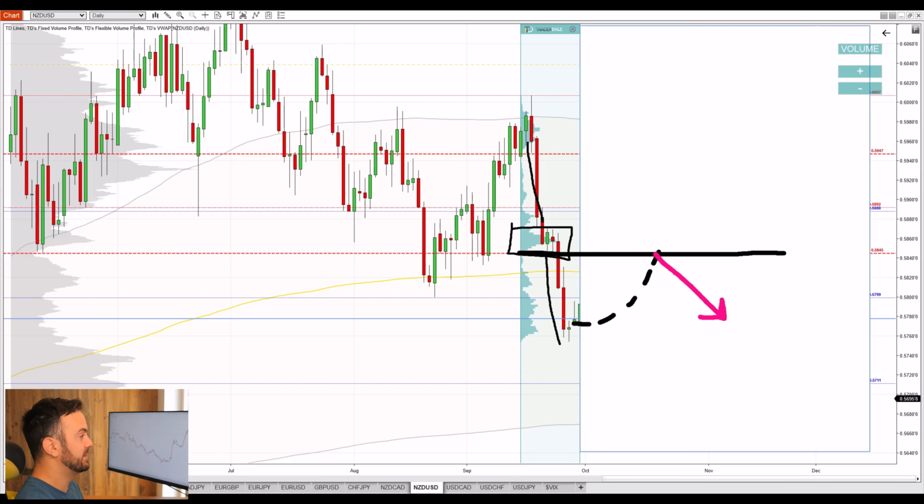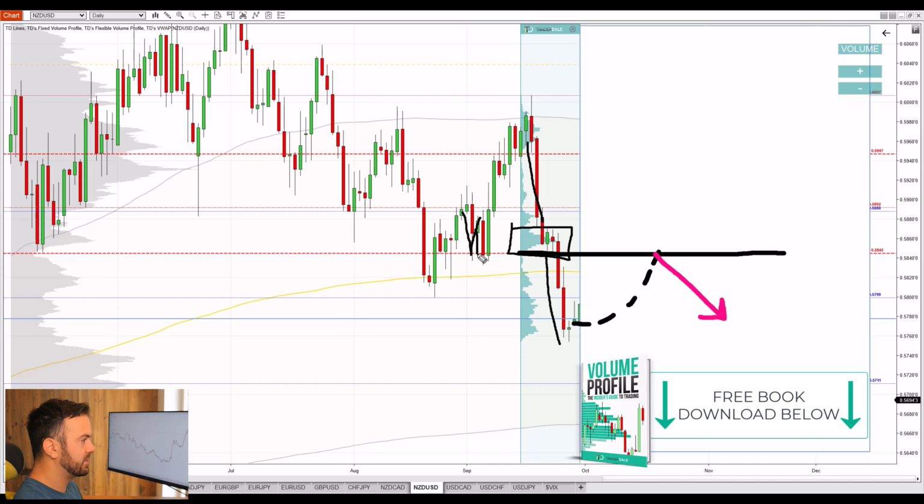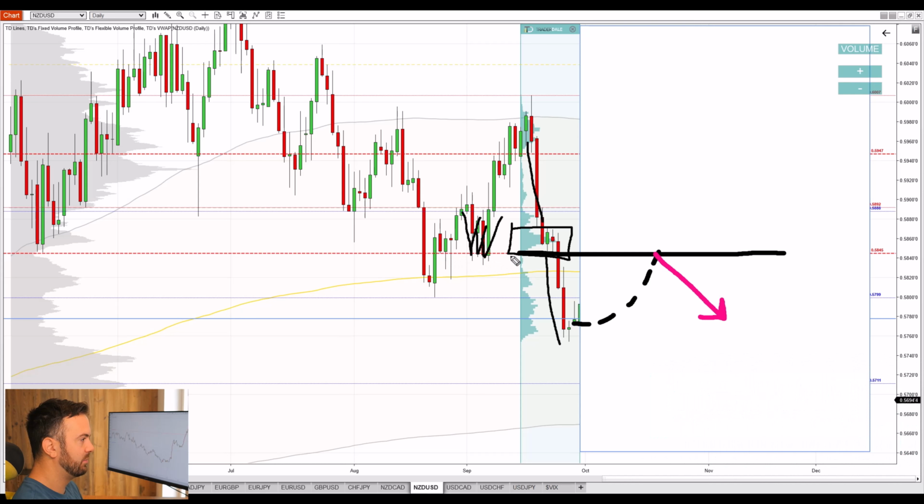What I also like to do is look for confluences because the more confluences you can find, the better and the stronger the level is. In this case, what I found is all those reactions to that level. See how many times the price reacted to the level before in here, and also one huge reaction in here.